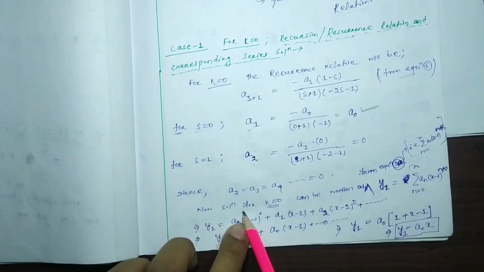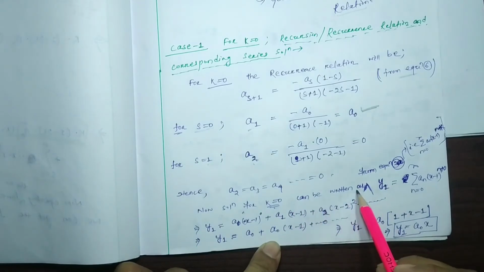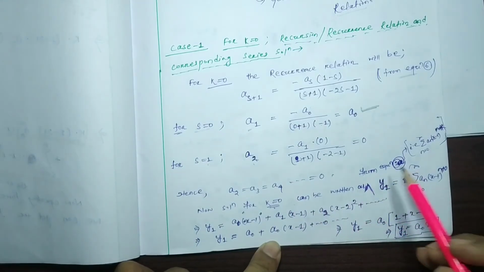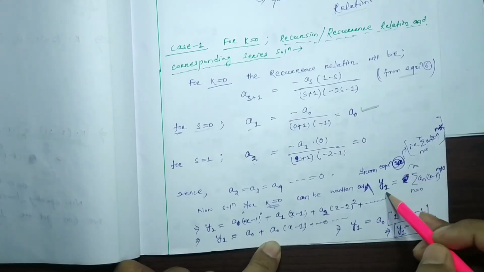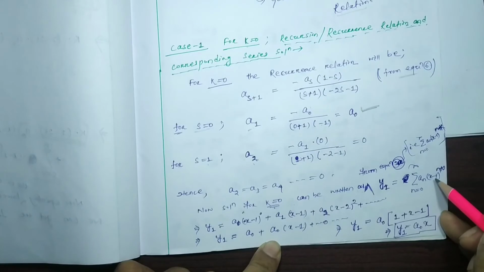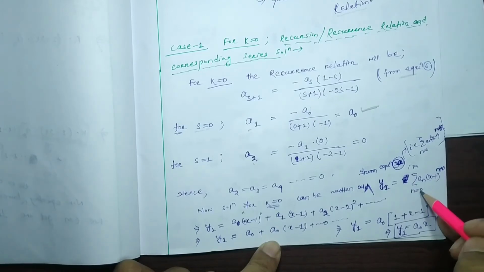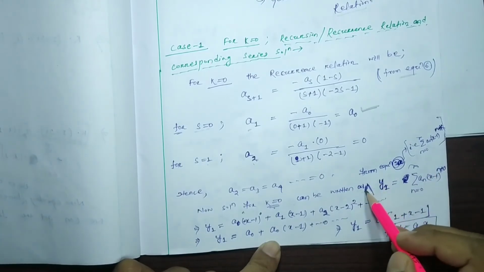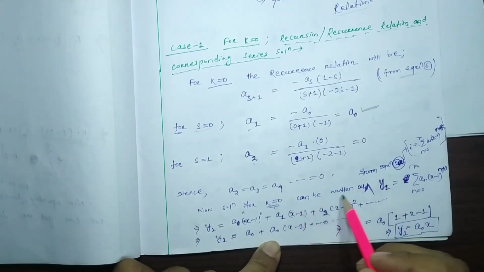Now the solution for k equal to 0 can be written as y1 equal to the summation over n from 0 to infinity of a_n (x-1)^(n+k), with k equal to 0. Here I have written one thing, and you also have to write it.